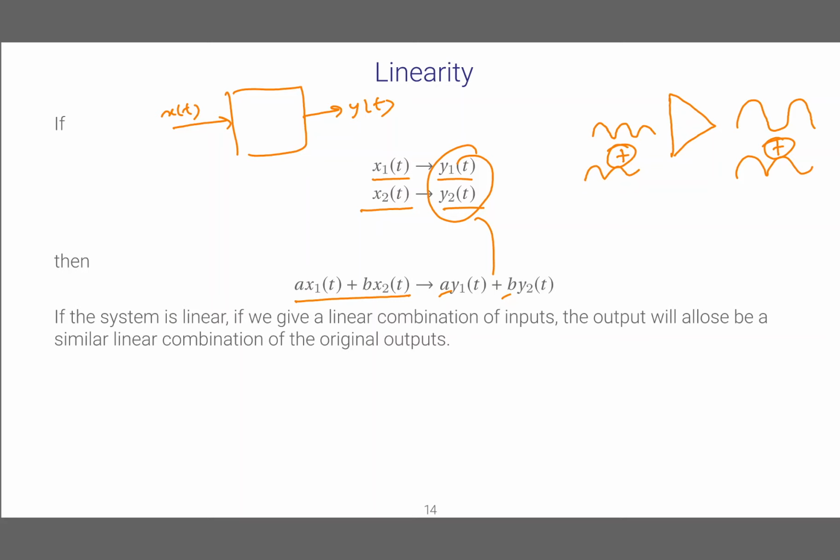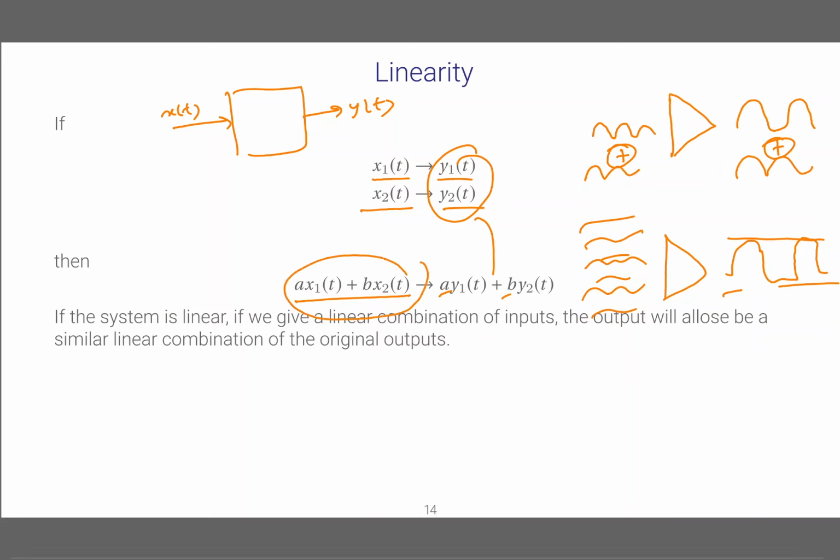But you know that if you give a combination of a huge number of inputs, so many instruments, then at some point your output may get distorted, so clipped. Therefore in that range the amplifier is not linear. You can see the linear combination of inputs did not lead to the same linear combination of outputs that would have been given if we gave the individual inputs.